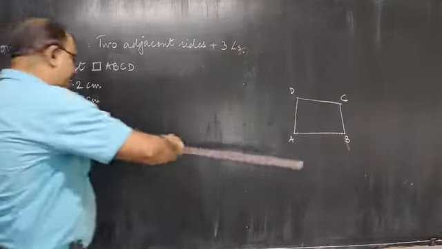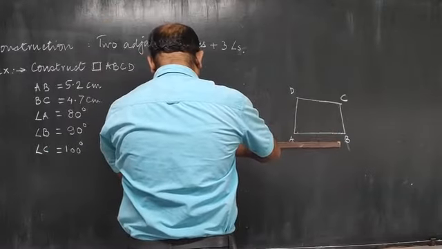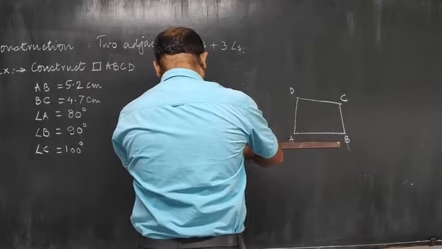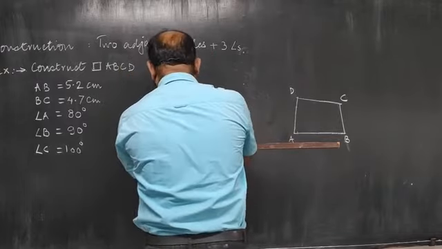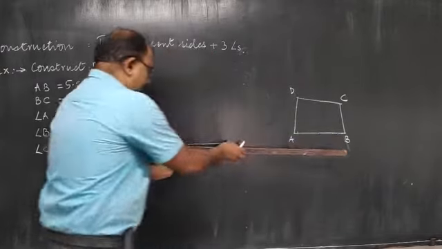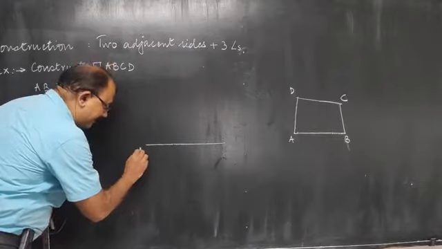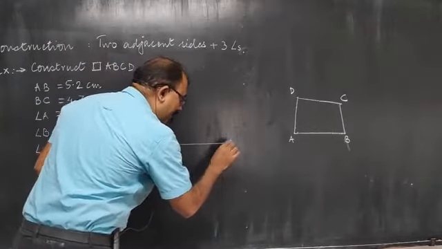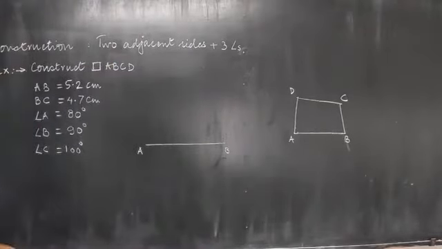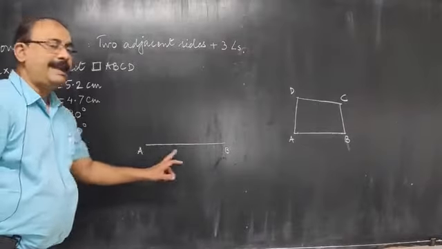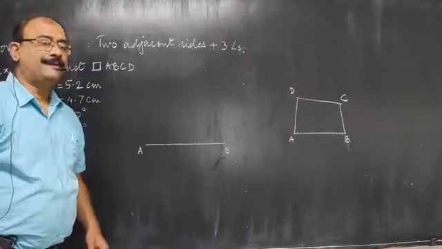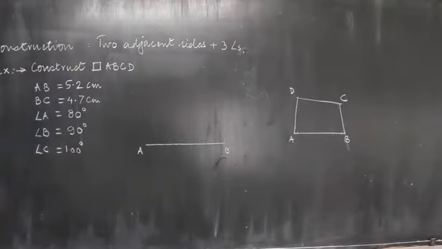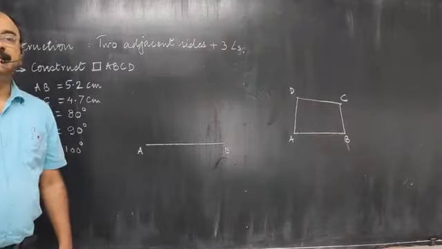So I'll draw segment AB of length 5.2 centimeters. Then at A and at B, you have to draw the angles of given measure. At vertex A, the measure of the angle is 80 degrees.